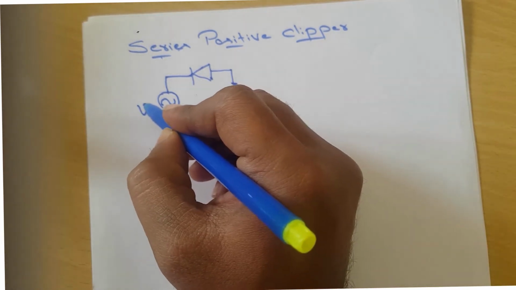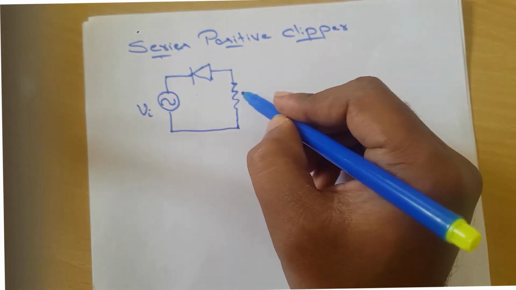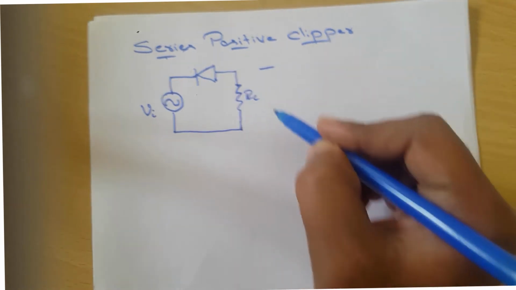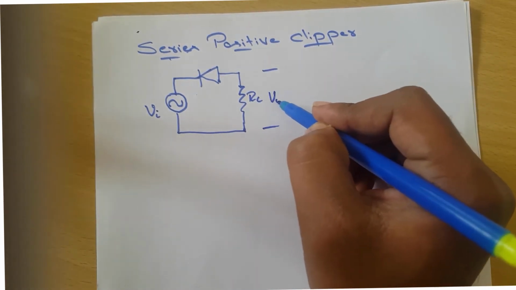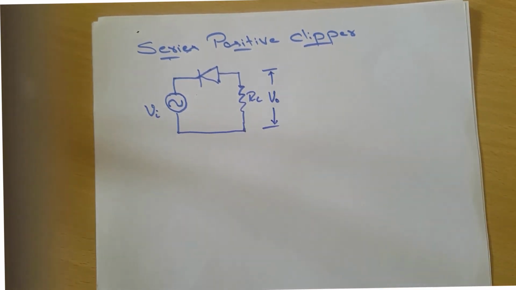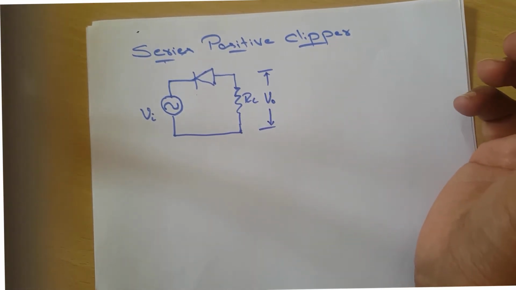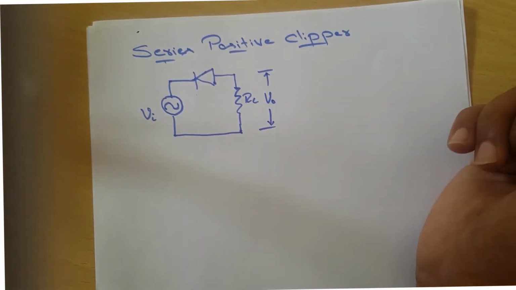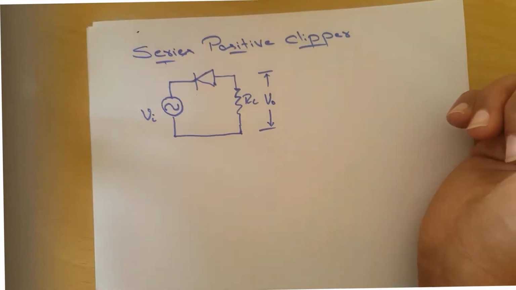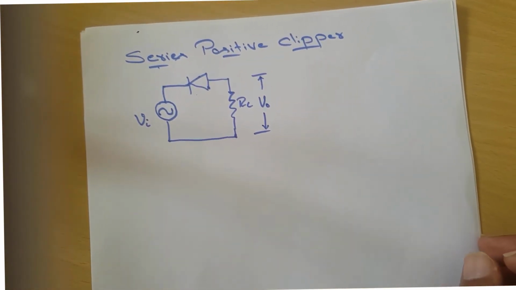Let me consider Vi is the input voltage, RL is the load resistance, and the voltage across the load resistance is the output voltage V0. So this is the series positive clipper, and let us discuss how it clips the positive portion of the given waveform.